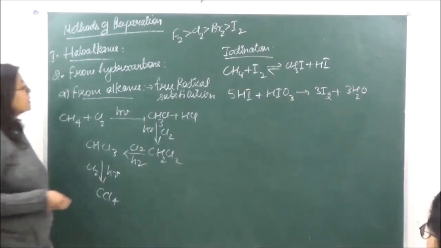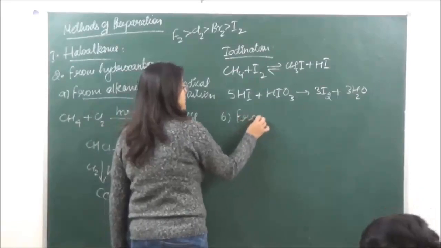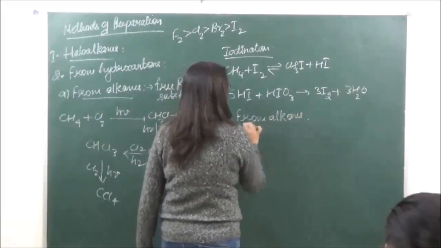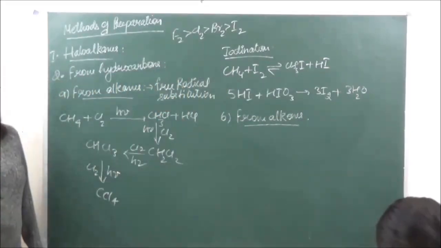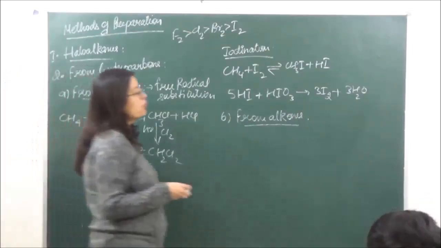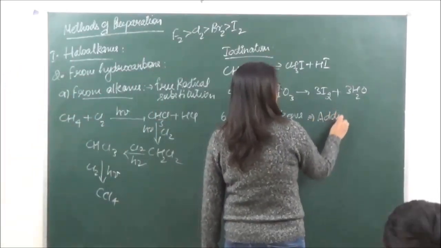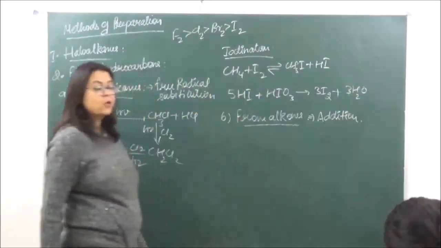The second method which we are going to do over here is from alkenes. In case of alkenes, the reaction which is going to take place is known as an addition reaction, because we are going to add up something over here.